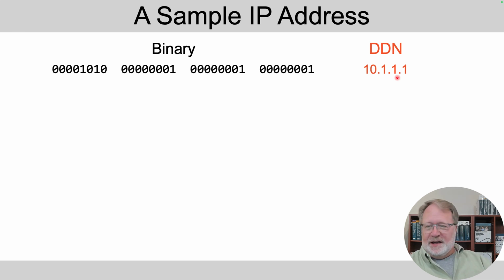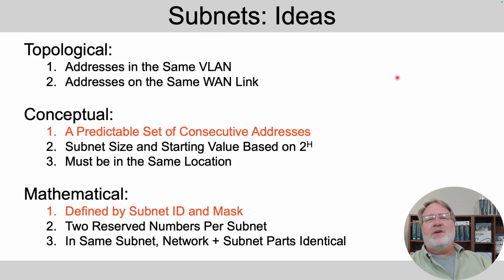Now let's talk subnetting. Here are some ideas related to subnetting, food for thought. So I'm just going to go through these and talk about it. Topologically speaking, we've talked about this before, but all the devices in the same VLAN, you would typically then give them IP addresses in the same subnet, or the devices on the same WAN link. 2 routers on an Ethernet WAN link, their IP addresses on opposite ends of the link would be in the same subnet.